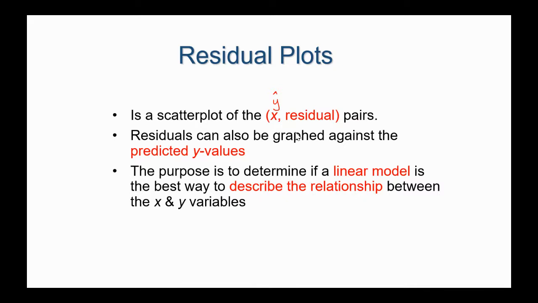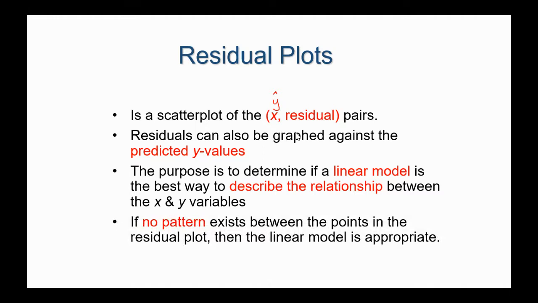So our goal is for it to look just like a random scattering of points. If there's some kind of pattern, that's not good. We just want it to be random. That just means that a linear model wouldn't be appropriate.